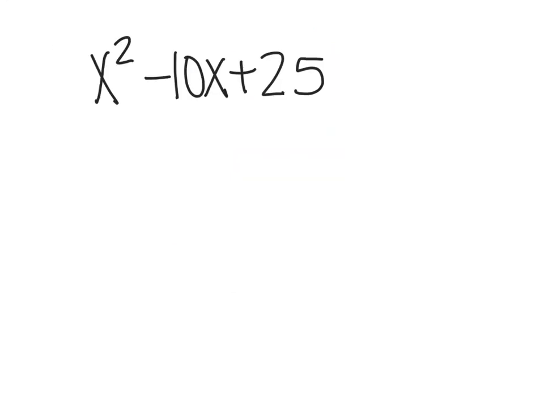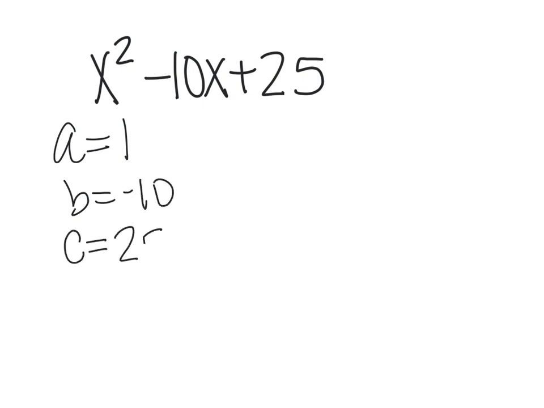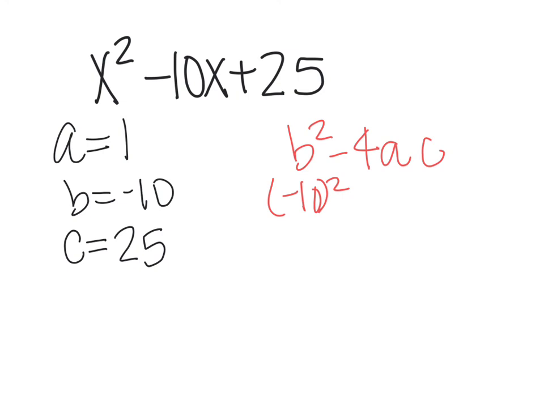And our last problem, we have x squared minus 10x plus 25. So a in this case is 1, b is negative 10, and c is positive 25. So our expression is b squared minus 4ac. B is negative 10 in this problem, so again, make sure you're using parentheses around that negative 10. We talked about that today. If you take out a number and you put in a letter, you need to put it in parentheses.